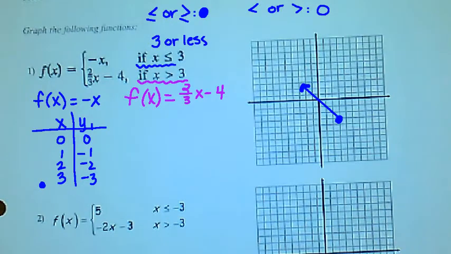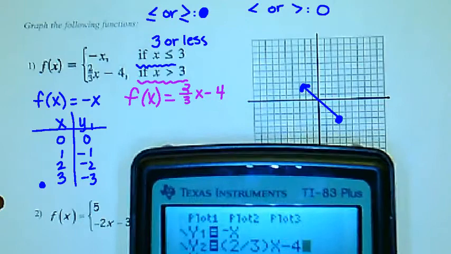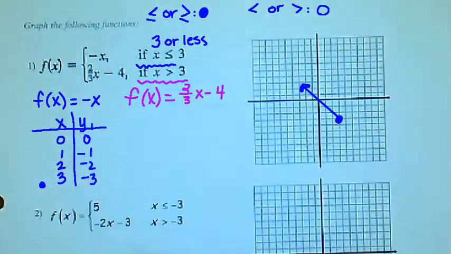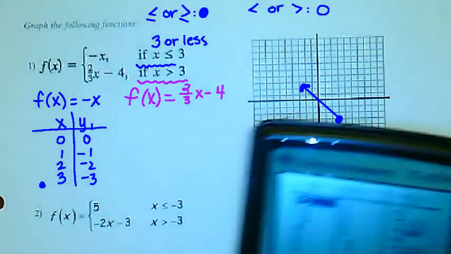Okay, so now let's look at the other one. f of x is equal to 2/3 x minus 4. Go ahead and put that into your calculator. I put that into my calculator, and then I'm going to graph it and look at the table.